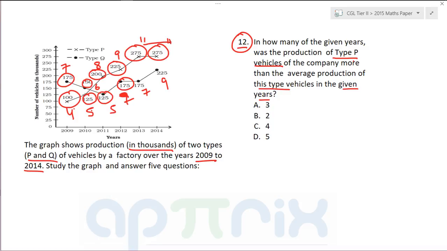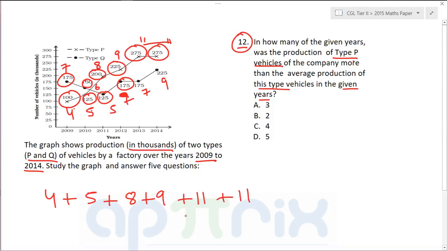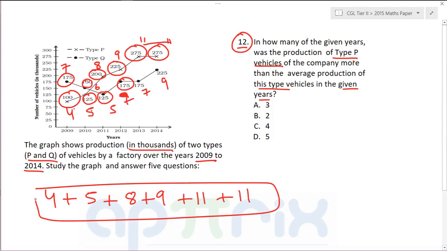If you have confusion, I'll write once again. This is 4 plus 5 plus 8 plus 9 plus 11 plus 11. Now you sum everything. Tell me what you are getting. 48 by 6 will be 8 or not? So if the average is equal to 8, three numbers are clearly more than 8, so I can mark 3.